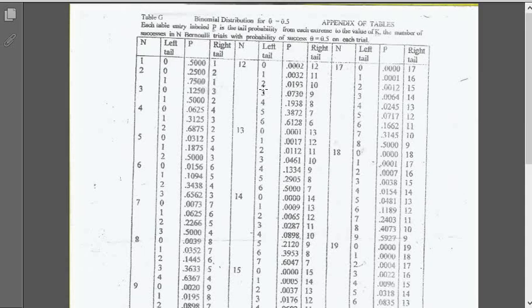And similarly, if you want to find alpha by 2, this is the P value very near to that alpha by 2, 0.025. In this case, T alpha by 2 is 2 and T dash alpha by 2 is 10. So this is the way in which we have to find the table value.